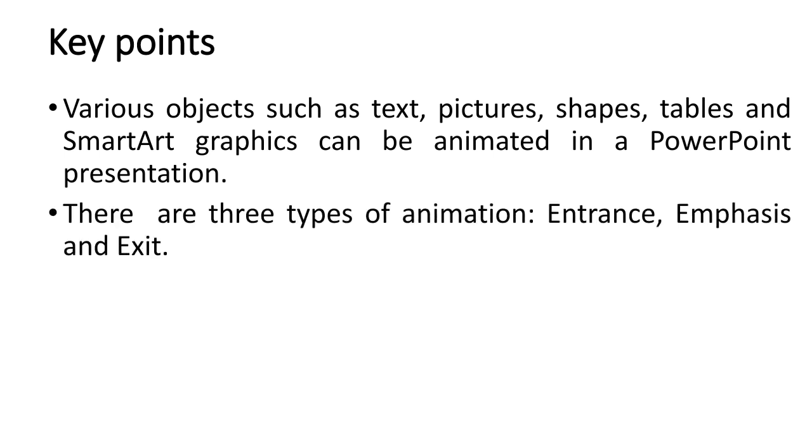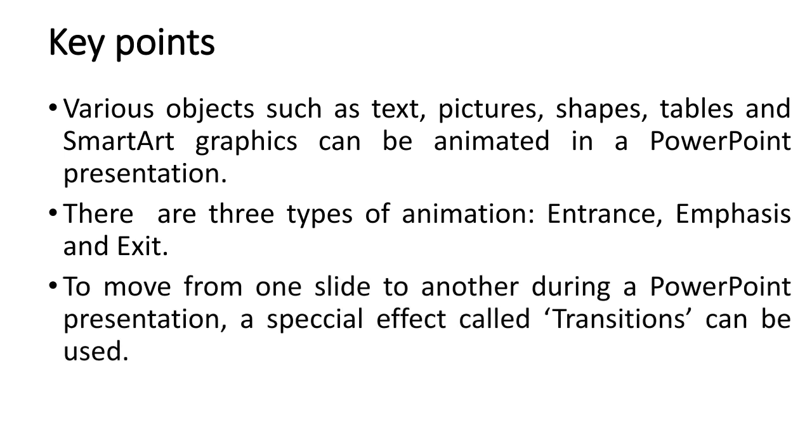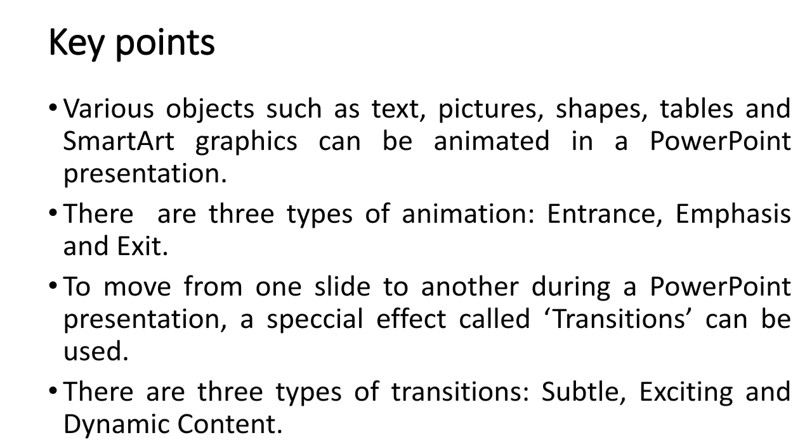There are three types of animation: entrance, emphasis and exit. To move from one slide to another during a PowerPoint presentation, a special effect called transitions can be used. There are three types of transitions: subtle, exciting and dynamic content.